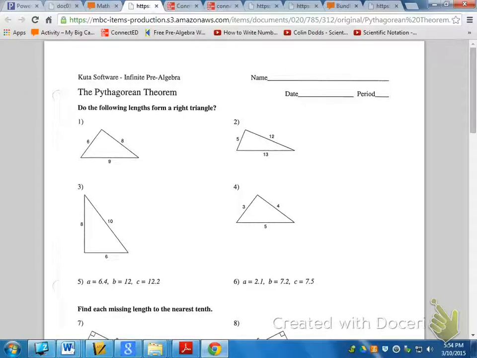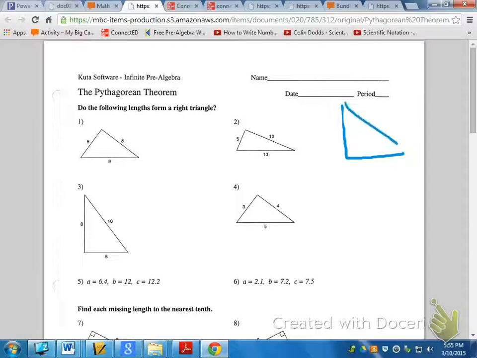Also off to the side, I will just talk about Pythagorean Theorem and some things in general. You're probably going to want to take some notes so you can have these examples, because they won't remain on this page after I finish this video. So first thing that I want to talk about with Pythagorean Theorem, it does involve right triangles.